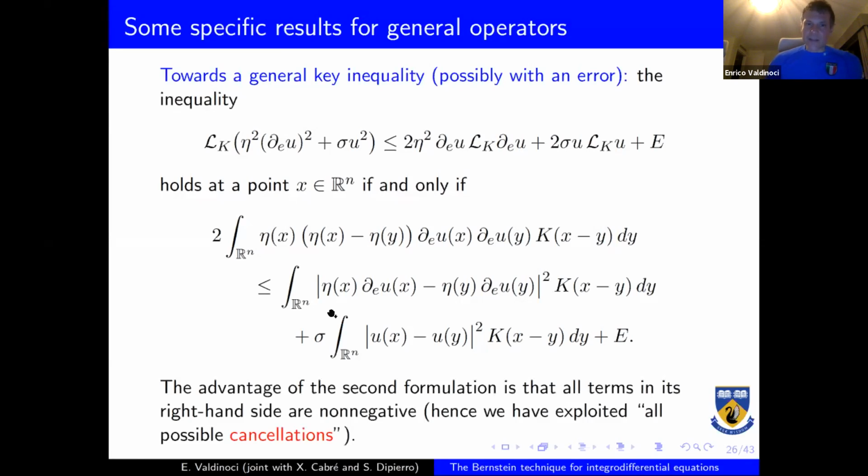And the advantage of the second formulation, in spite of the fact that it's longer, so the first formulation is one line, the second formulation is three lines, so it doesn't look like an advantage, but it's a great advantage because the terms in the right-hand side are now positive, so we exploited all the possible cancellations.